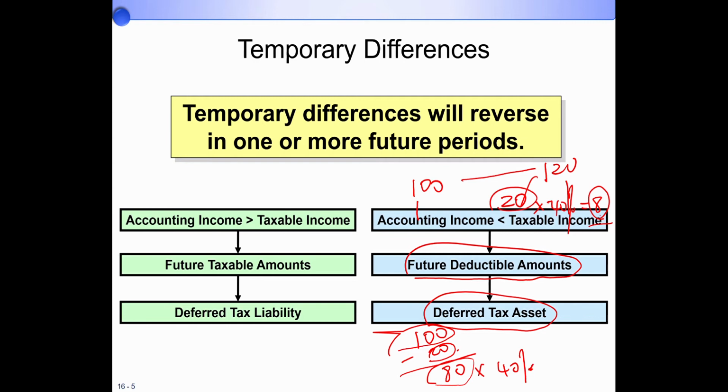You don't have to pay tax because you paid already, right? So in the future you save tax. That's the tax benefit. So this 8 here is the future benefit, and by definition, a future benefit should be called an asset. So deferred tax asset is one of the asset accounts. Okay, so that's the deferred tax asset situation.